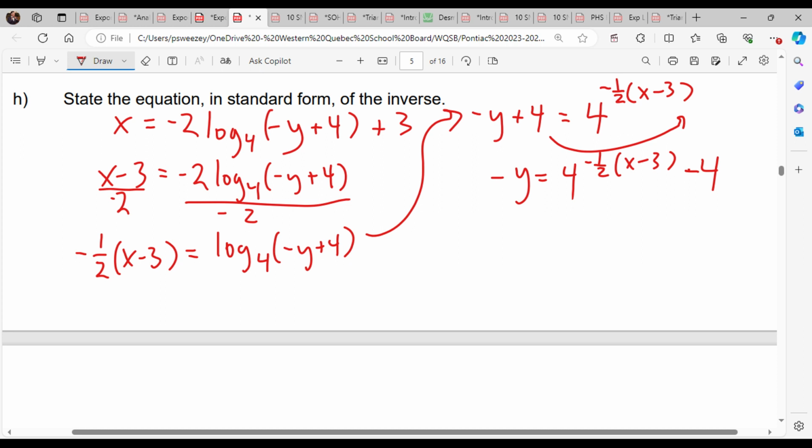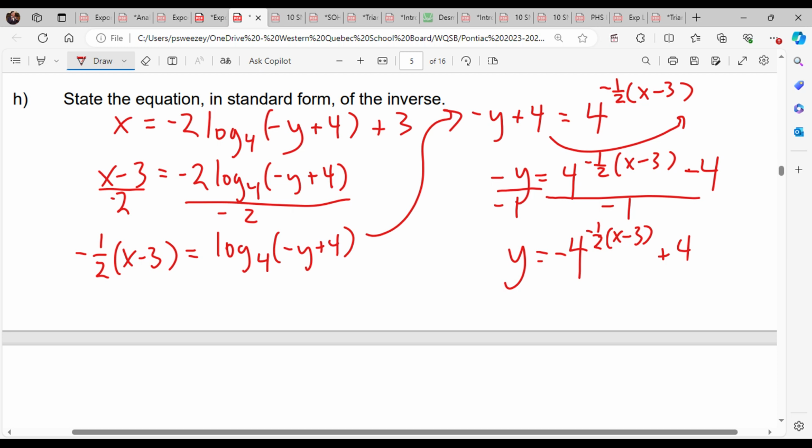Right now I have h is 3. That works. But k is negative 4. However, if I divide everything by negative 1, y is going to be equal to, this becomes a negative value. The rest of that all stays the same. And this becomes positive. So there's your standard form inverse if you wanted to.